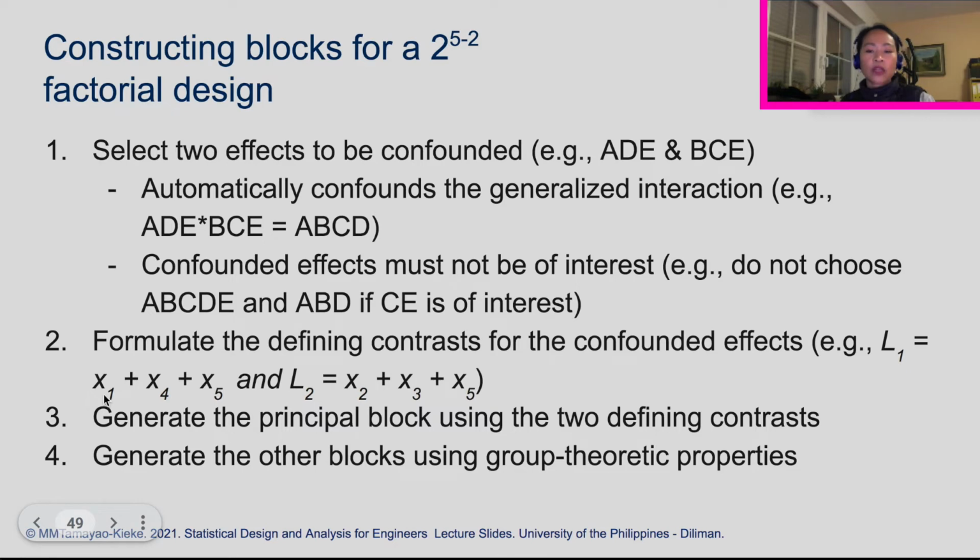X1 corresponds to A, X4 corresponds to D, and X5 corresponds to E. And then L2, for BCE, would be equal to X2, which corresponds to B, X3 corresponds to C, and X5 corresponds to E. After formulating the defining contrasts, we can now move on to the generation of the principal block using the two defining contrasts. I will show that later on. And after that, we generate the other blocks using the group theoretic properties of the principal block.